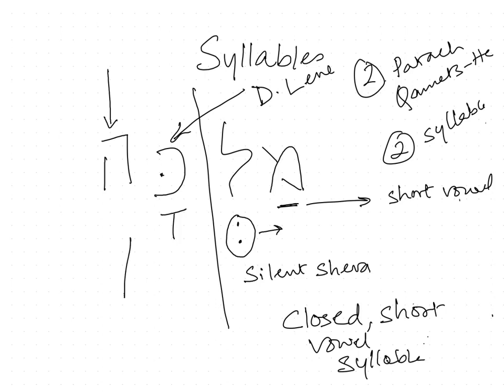Okay. And this one, ka, ends with a kamets hey. It's not a consonant there, because if it was a consonant, Hebrew would have put a mapik there. This is an open syllable because it ends with a vowel. Open, and kamets hey is long. It's an open long syllable.